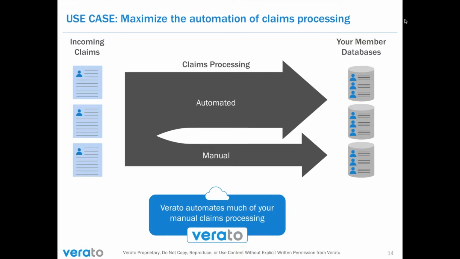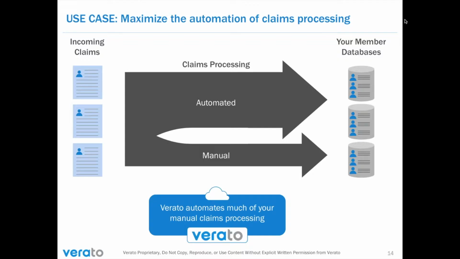Something ends up going wrong either in the data that's coming in on the claim or even the data in your own membership database, and it forces you to go off into a manual process. And often that's because of these data discrepancies that we talked about, little errors in the data or missing pieces of data. And it prevents you from definitively saying, yes, I know that the person on this claim is definitely member 123 in my membership database.